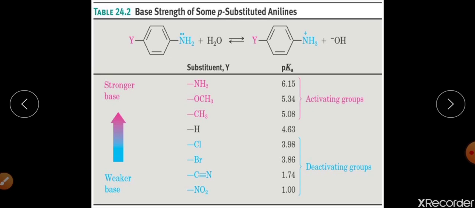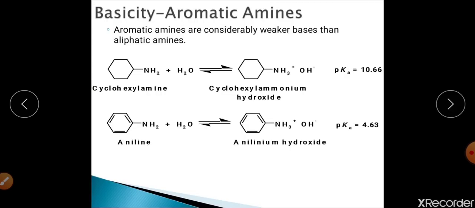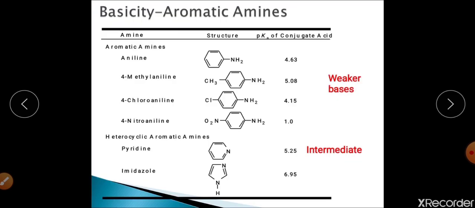And this ortho effect is only observed because of the combined effect of the steric as well as the electronic repulsions, right? So this is the important point about the aromatic system. Here is again a series on which you can see the basic character of the different types of substituted anilines, right?